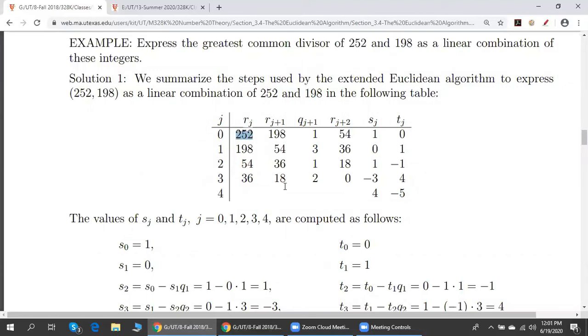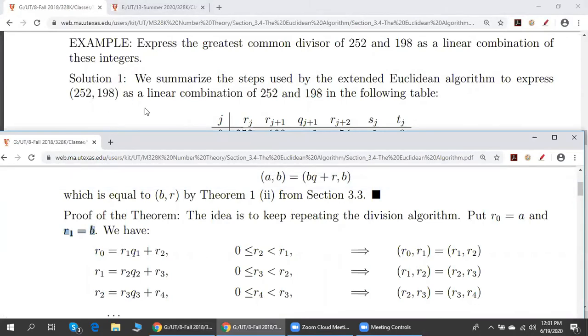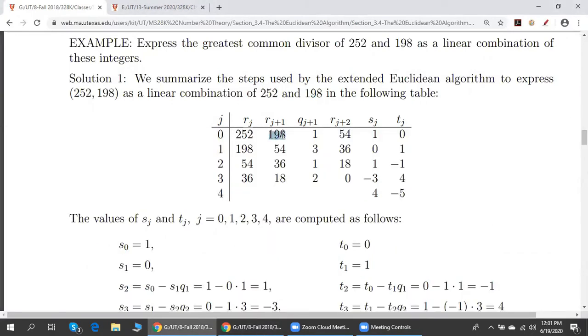Column number 3 are values of Rj plus 1. If j is equal to 0, this is R1. And R1 is B. In our case, B is 198. We put here 198.